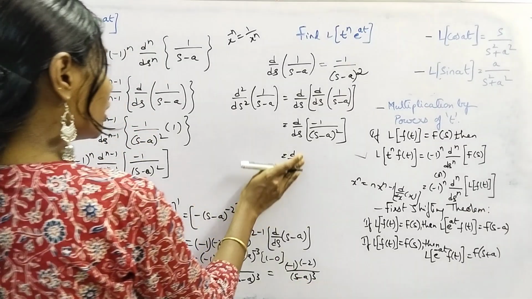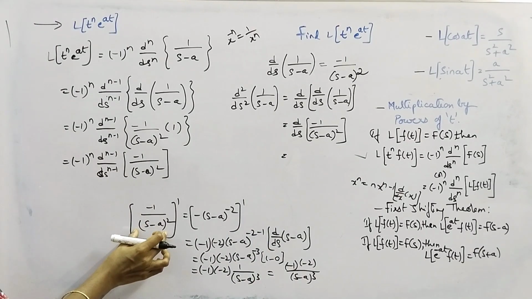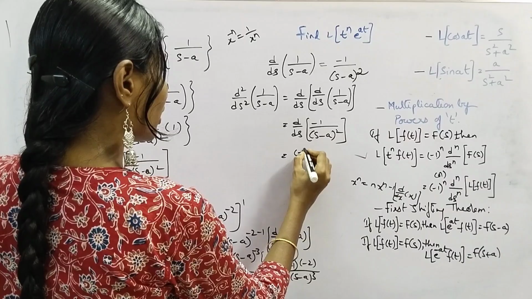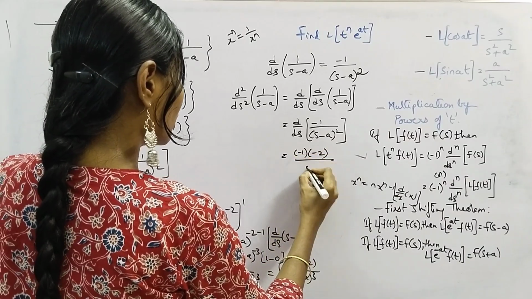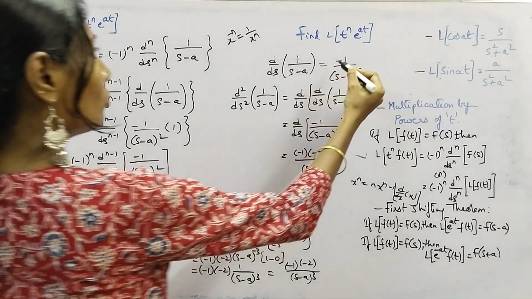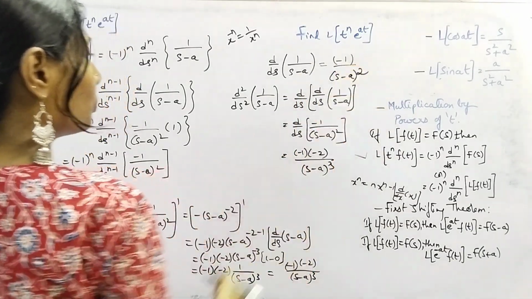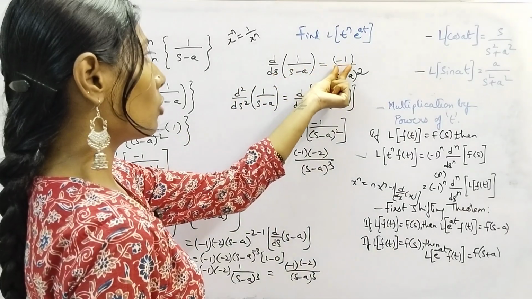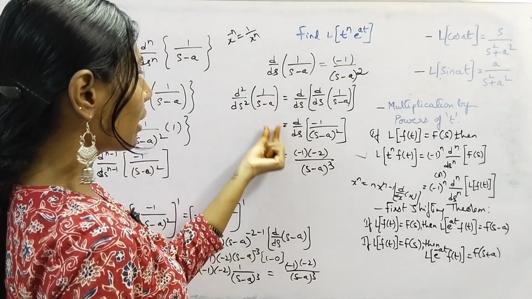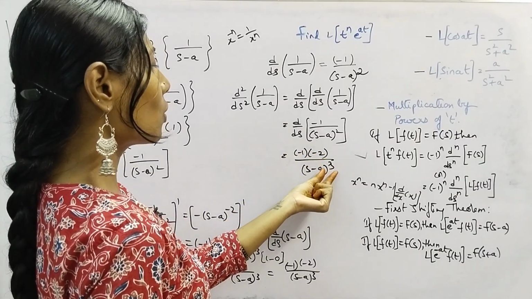So the derivative of minus 1 by s minus a whole square is minus 1 into minus 2 by (s minus a) whole cube. Here in the first derivative we have minus 1 by s minus a whole square, and in the second derivative we have minus 1 into minus 2 by (s minus a) whole cube.